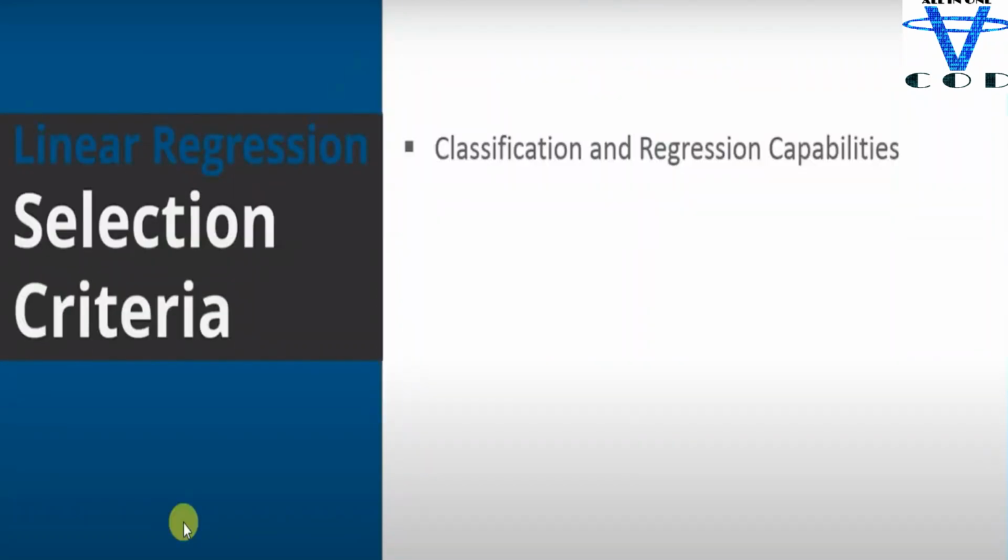In machine learning we have two main methods, supervised and unsupervised, and the third one is reinforcement. In today's section we are going to talk about supervised learning. In supervised learning we have regression and classification, and in regression we have linear regression, logistic regression, and so on.